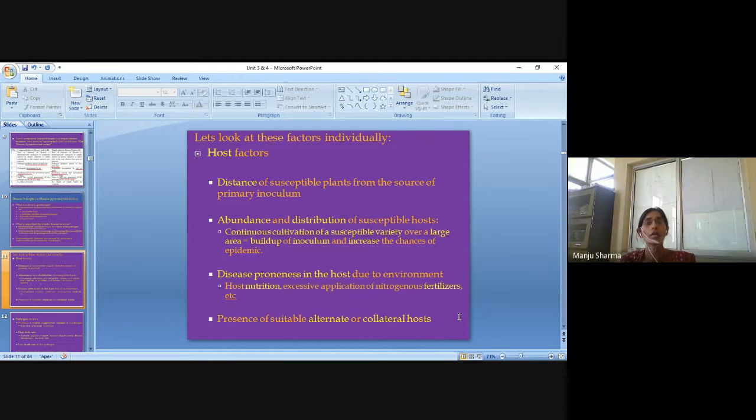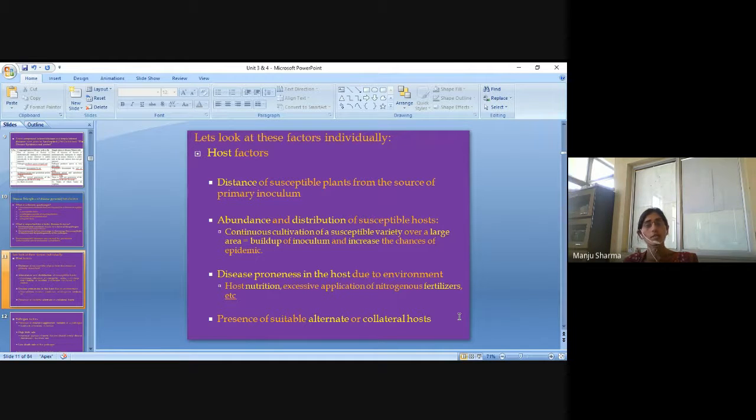So let's look at these factors individually. First are the host factors: distance of susceptible plants from the source of primary inoculum, abundance and distribution of susceptible hosts, and continuous cultivation of a susceptible variety over a large area, which leads to buildup of inoculum and increases the chances of epidemic.